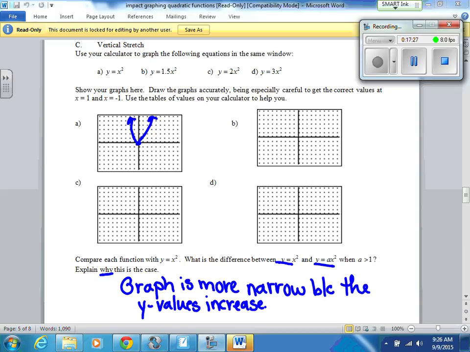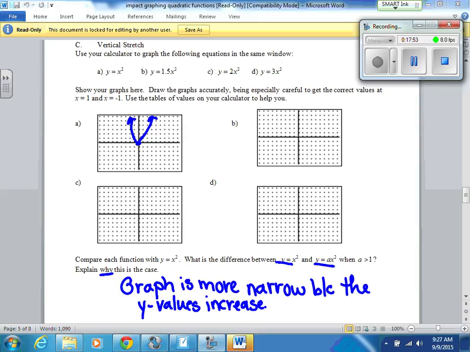Now check out y equals x squared, y equals 3/4 x squared, y equals 1/2 x squared, y equals 3/2 x squared. Draw those graphs and see what happens, because on one of them a is greater than 1, but on the other two a is not greater than 1.